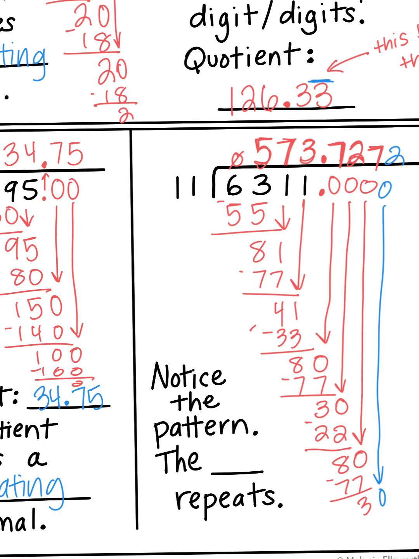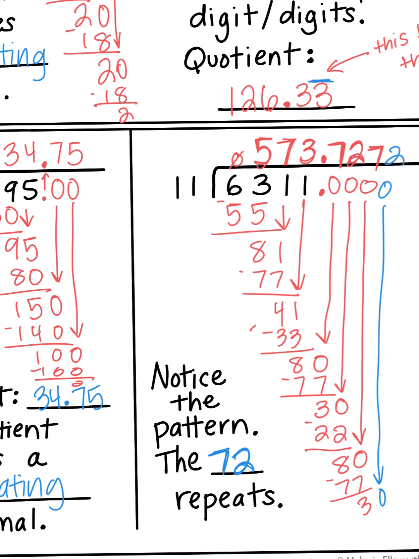So what I'm going to do this time, I'm going to write my answer so that it's like this. 573.72. Because the 72 is repeating. It's not just one digit this time, it's 2 digits that are repeating in the same pattern.